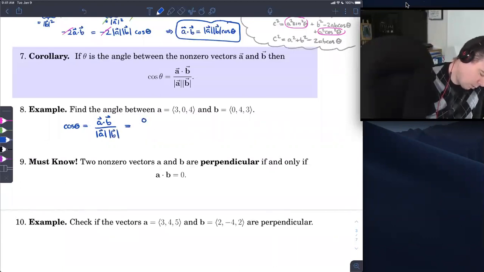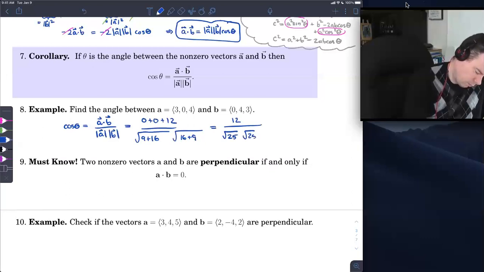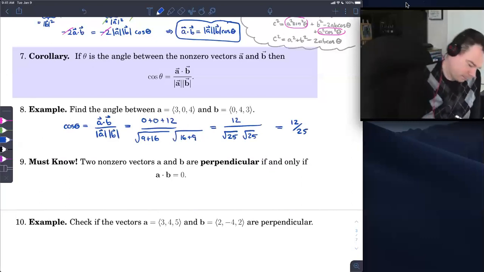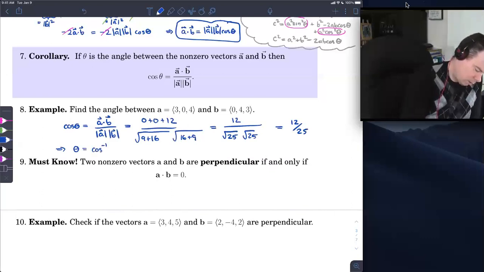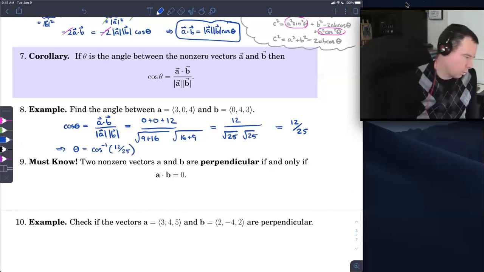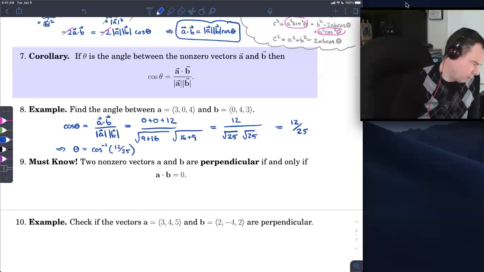So this is going to be 0 plus 0 plus 12 is the dot product, and the lengths are the square root of 9 plus 16 and the square root of 16 plus 9, or in other words 12 over the square root of 25 times the square root of 25, or 12/25, which means that the angle between them is arc cosine, or in other words cos inverse, of 12 over 25.